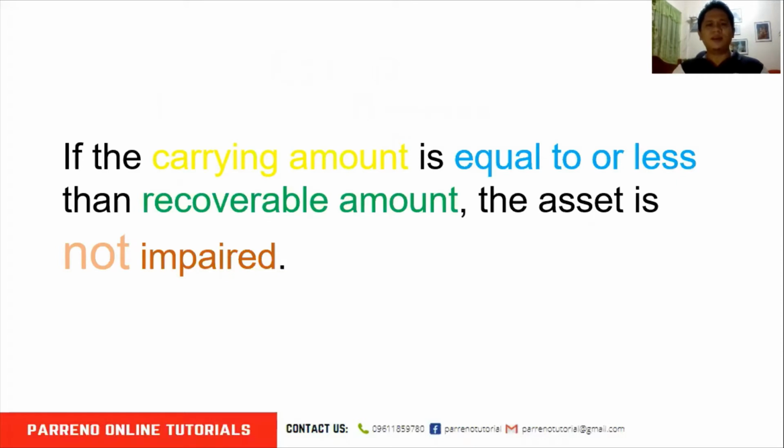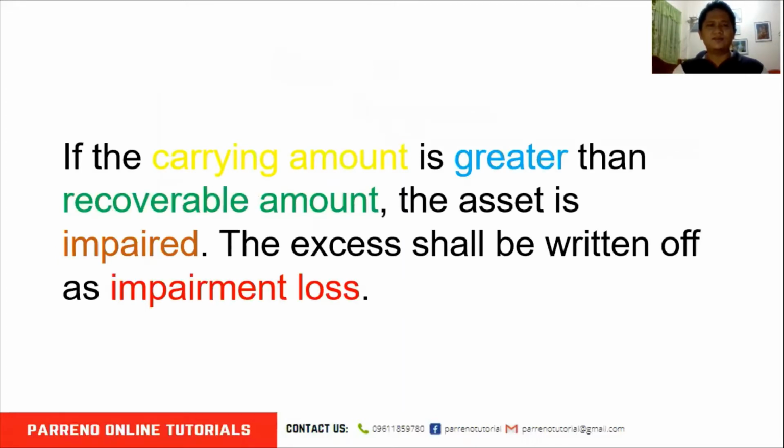You have a rule where if the carrying amount is equal to or less than the recoverable amount, the asset is not impaired. While if the carrying amount is greater than the recoverable amount, the asset is said to be impaired.